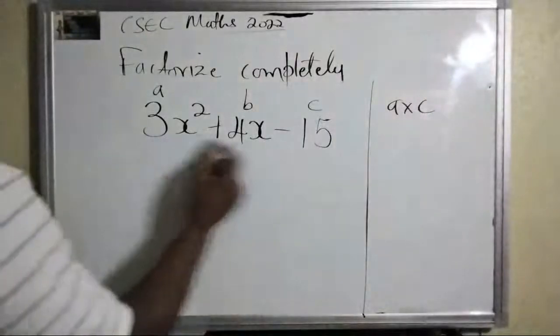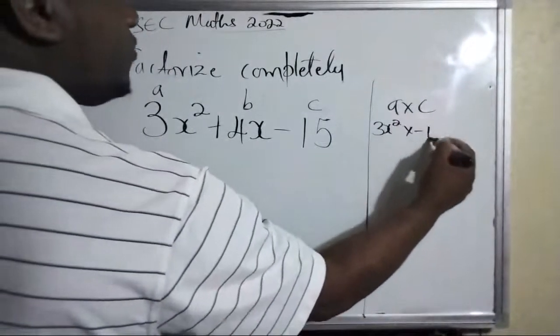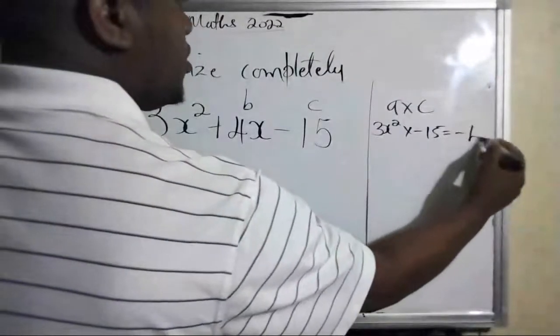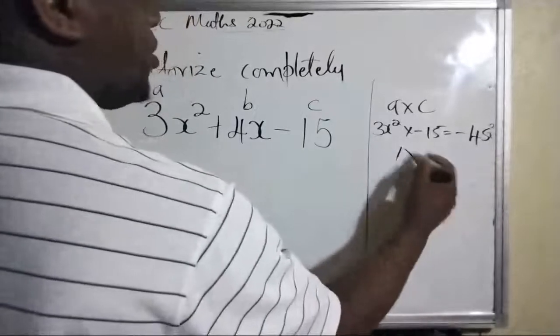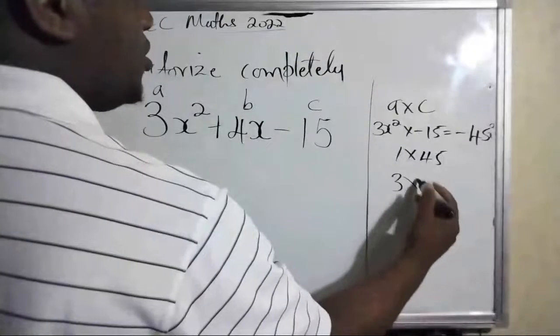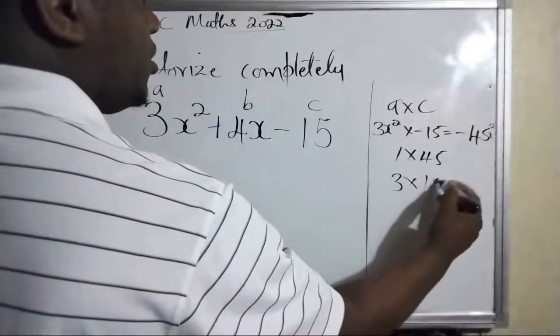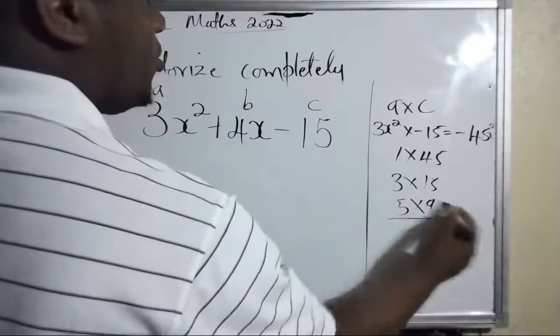This is the actual answer. It's 3x squared times negative 15, which gives us negative 45x squared. So what can give us 45? 1 times 45, 3 times 15, and 5 times 9. Okay, this will be it.